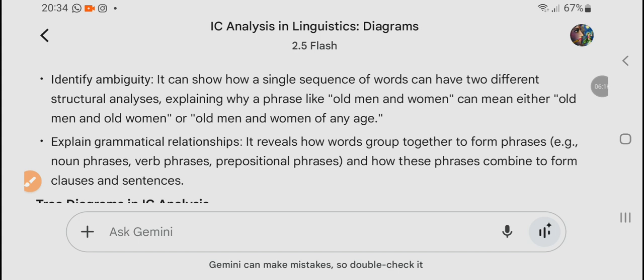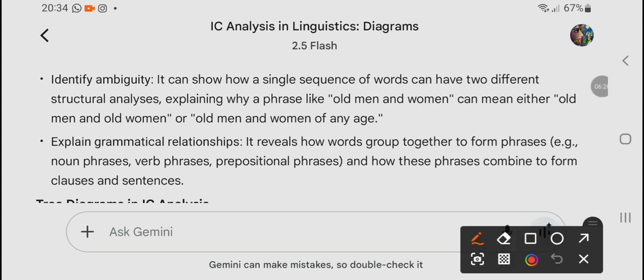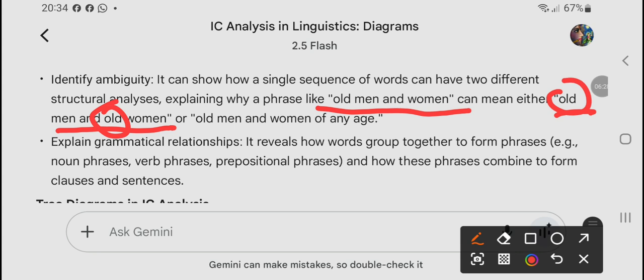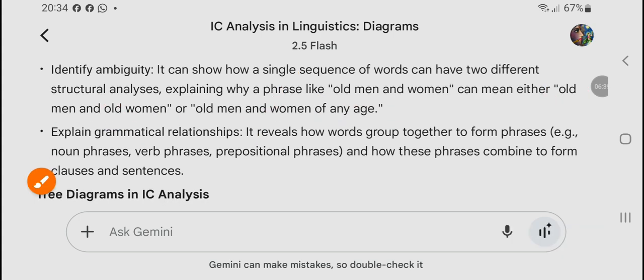So this is an ambiguous phrase. The first meaning is old men and old women. The second meaning is old men and women of any age. So IC analysis is helpful to find out ambiguity.